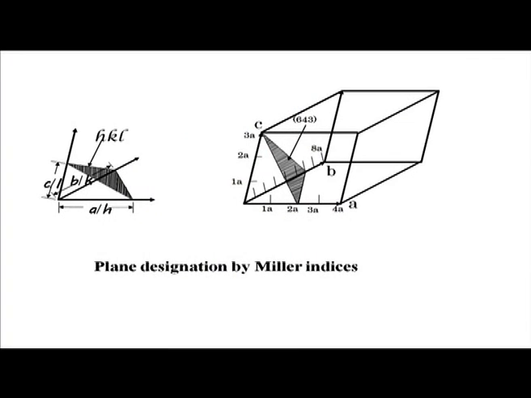That is what is shown here. This is the HKL plane. It intersects the a axis at a by h, the b axis at b by k, and along the c axis at c by l. That is what I explained here.